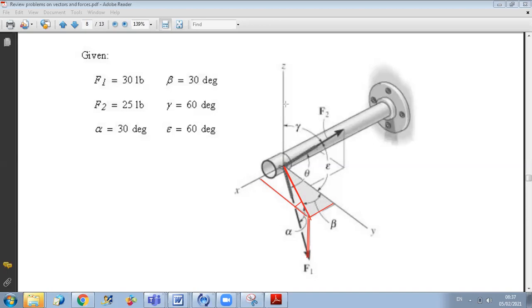Now for F2, how did they define vector F2? They gave us three angles. Just one second, please.